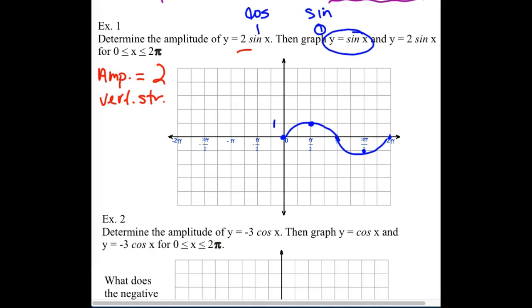It stays at 0. So all my 0 points are still going to be zeros. What happens if I stretch that 1? It now is at 2. Okay, and a negative 1 goes to negative 2. So the effect is that my graph is just stretched vertically.